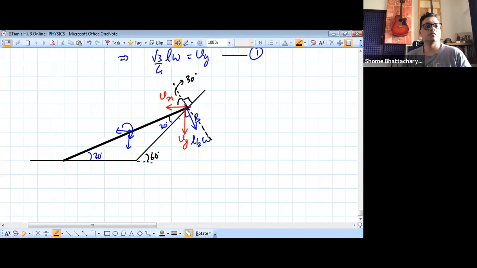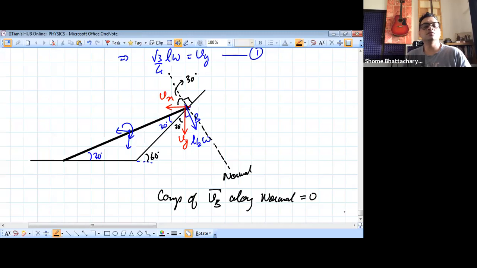Because this angle is 30. So this is quite complicated. But anyhow, you will have to make the component of velocity along this axis, let's say the normal axis, equal to 0. So the component of velocity of v along the normal should be equal to 0.